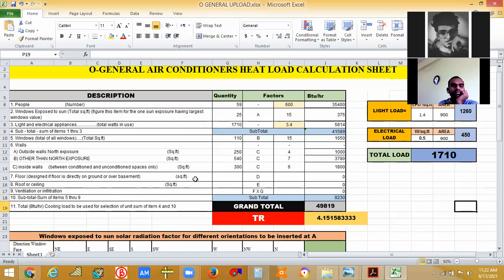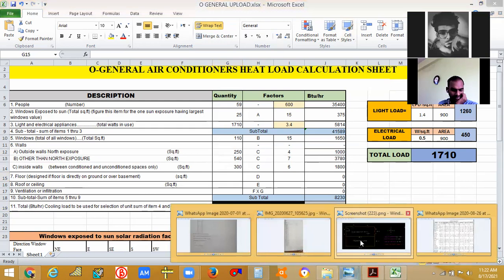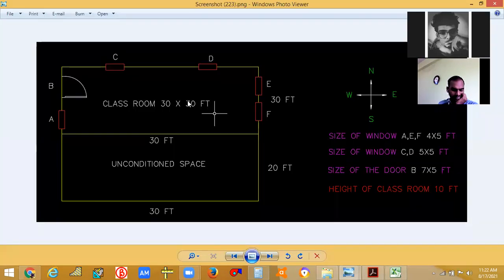So what will be my floor area? What is the area of my floor? Lecture classroom. My area will be 30 into 30, right? 900 square feet.